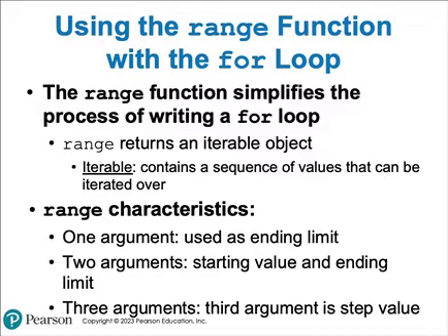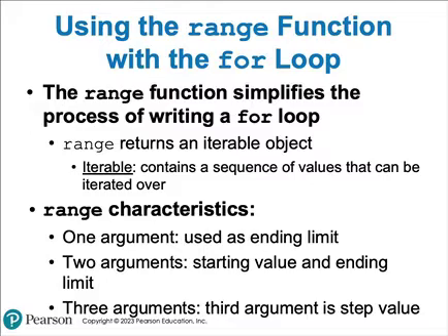Now, it's real common for this to be a purely numeric count thing where you're counting with numbers. And there's a function that is real handy for this called range. Now, range does different things depending upon how many arguments you're given. If you only give one argument, that is specifying the highest value in the range.